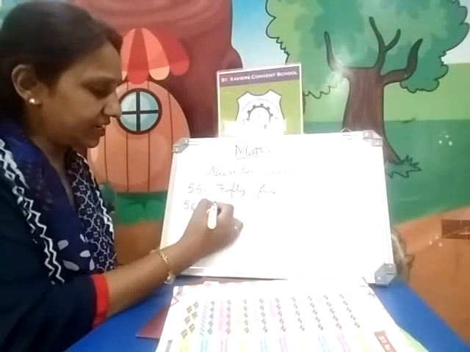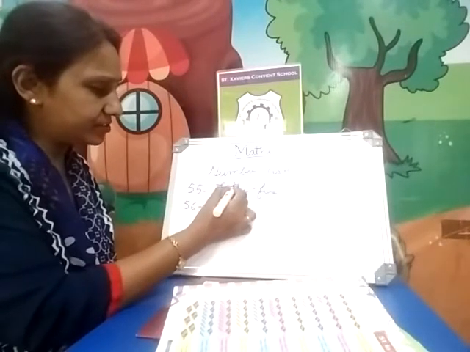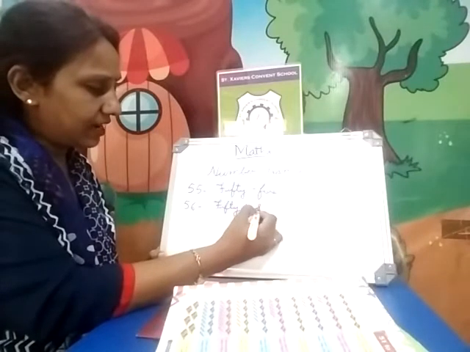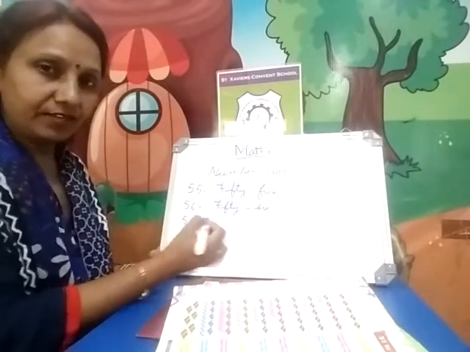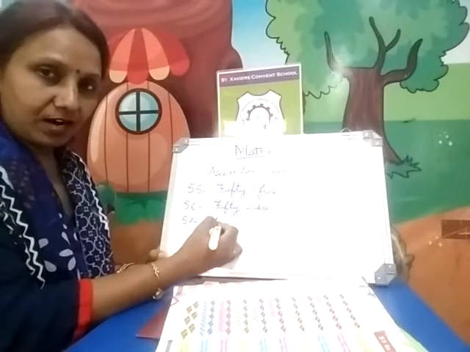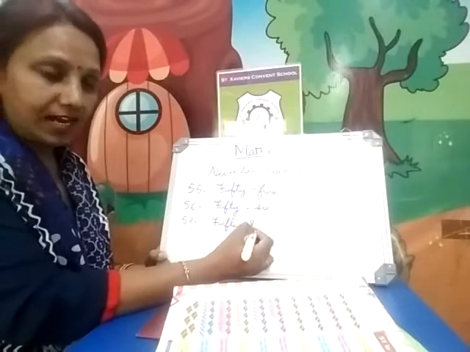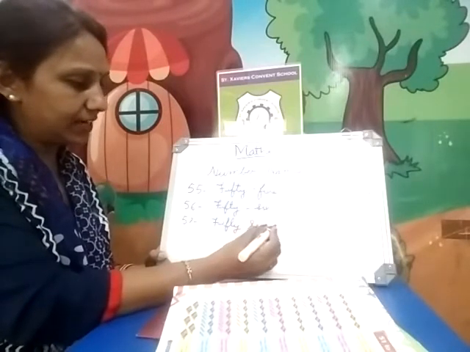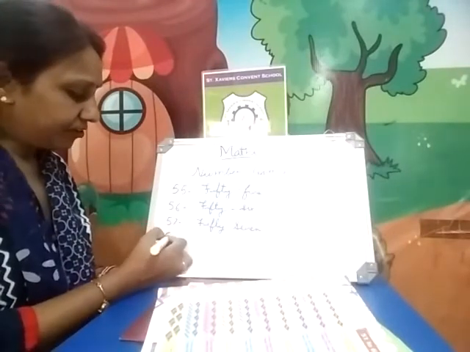Next is 56. F-I-F-T-Y 50, S-I-X 6. The next 57. F-I-F-T-Y 50, S-E-V-E-N 7, 57. The next 58.